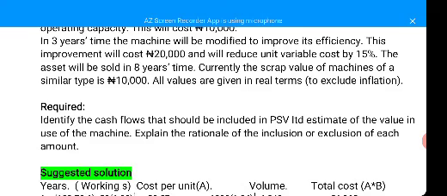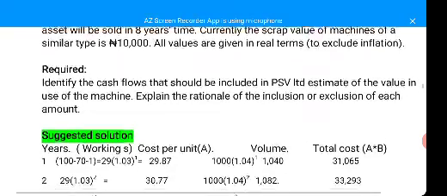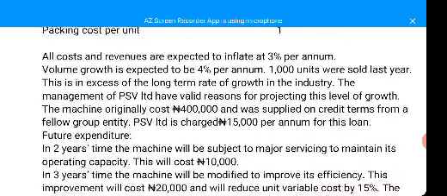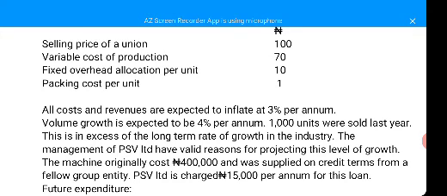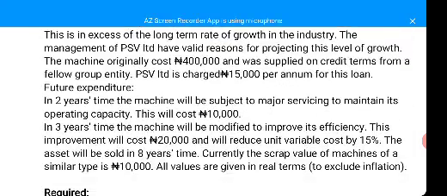Remember that we are given an inflation rate, so we must know the year one value, year two value, year three value. We are not told to look for the present value, and we are not given the discount factor. We just want the years and the cash flow of each year that will be used when you calculate your value in use.